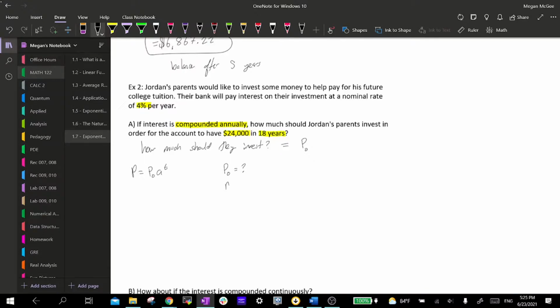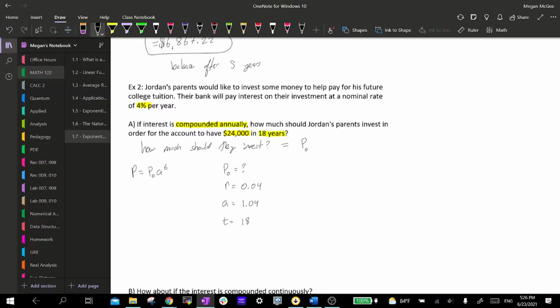We know our rate is 4%, so that's 0.04. Again, we are gaining interest, so A is going to be 1 plus R. So we'll get 1.04. And we know that T is our 18 years.